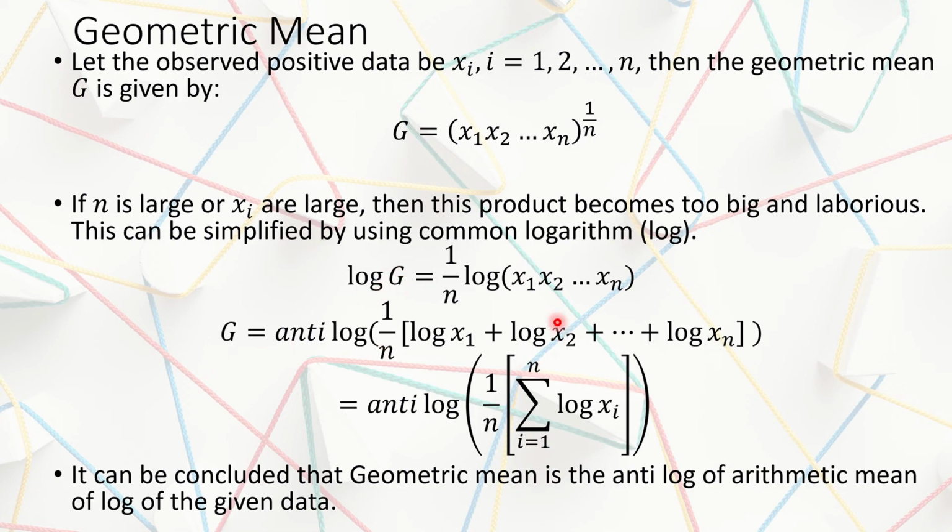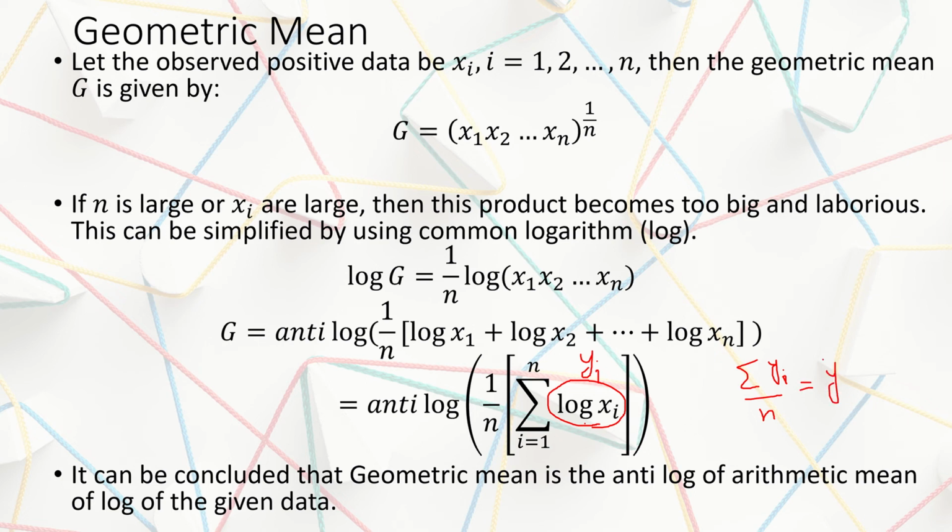Now you see, if we convert this to sigma notation, we have 1 over n summation i equal to 1 up to n of log of xi. Now if I consider log of xi as yi, what would happen? You see, we have a simple formula of arithmetic mean, that is summation yi divided by n, which is basically y bar.